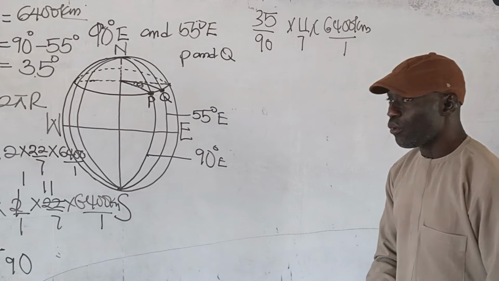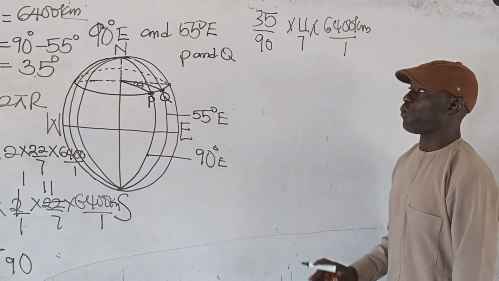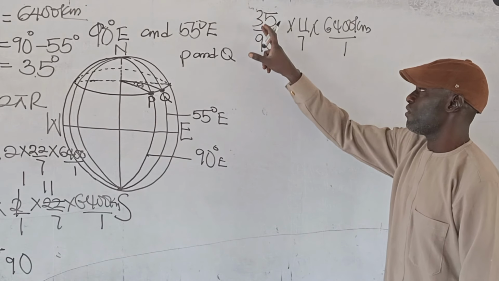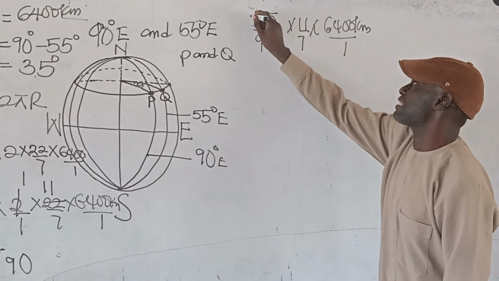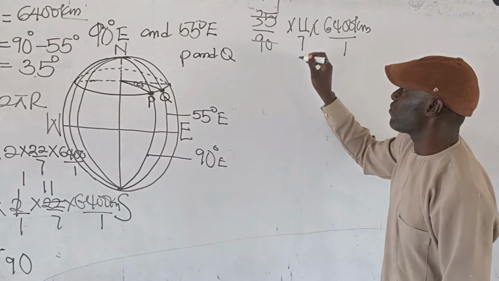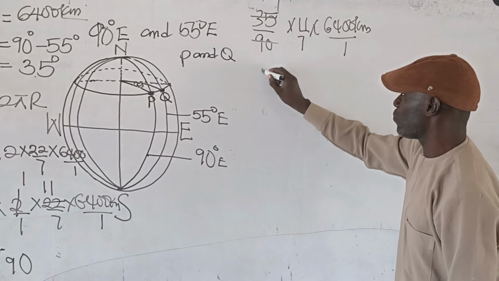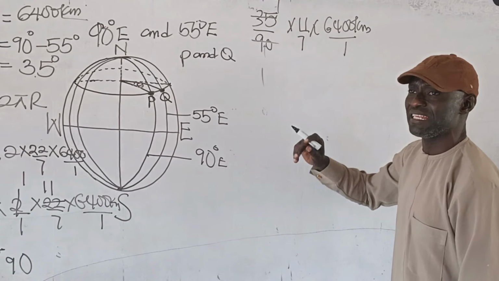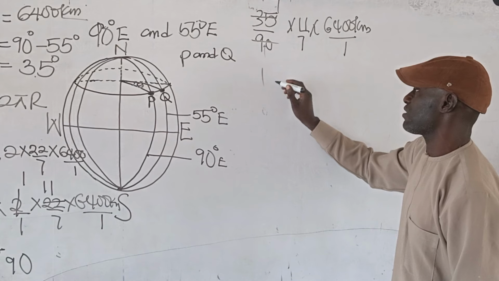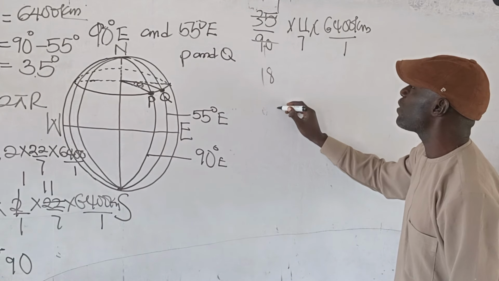So we are working on the final calculation now. 5 goes in 35, which is 7, and then 5 goes in 90. 5 goes in 9, 1, remainder 4. 4 will be added and make it 40. How many 5 goes in 40 is 8, which is what we have finally there.